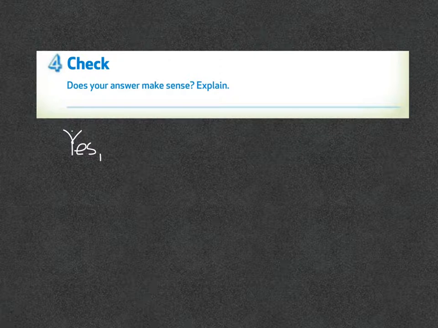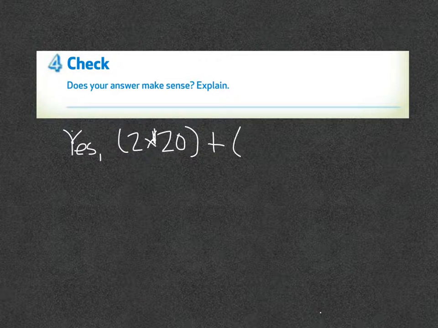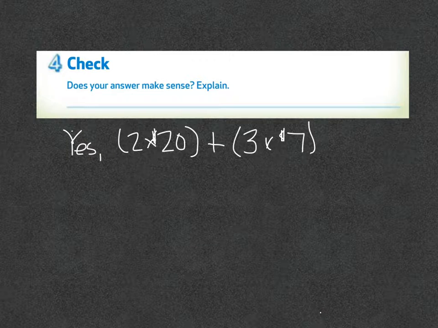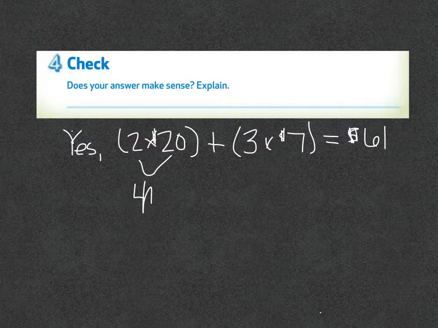Yes, because if I take 2 times $20 and then I add in 3 times $7, I get $61. So we're just kind of taking a second to step back and say, does it really make sense? Yes, because 2 times $20 is $40.